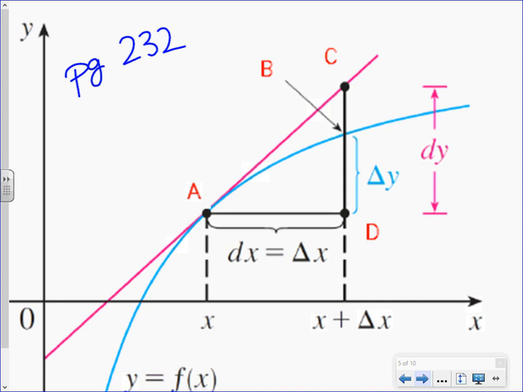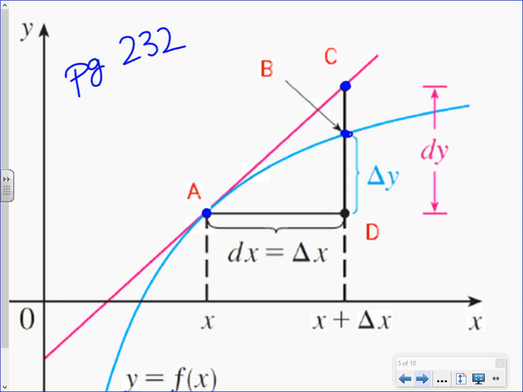Well, what if I want this change in y right here? We can very easily take a coordinate on our curve, find the tangent line, and then use that tangent line to approximate the curve. Well, what if I actually want that point right there on the curve? How do I know what that delta y is, that change in y?